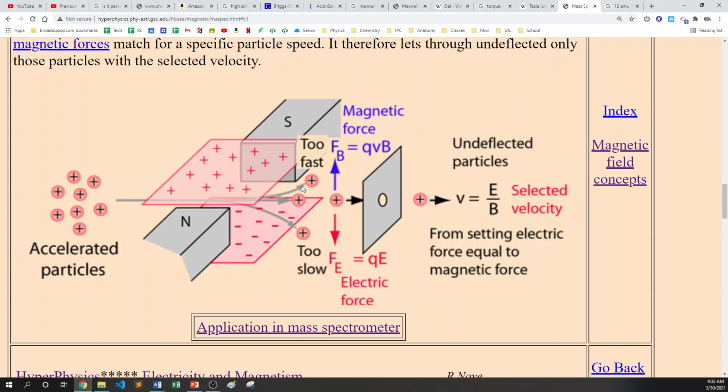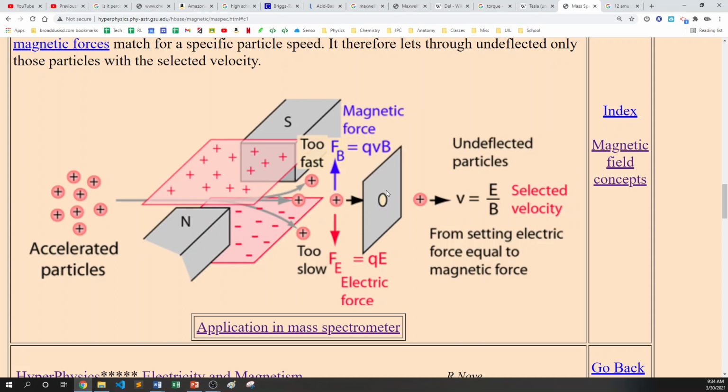And the magnetic force has a velocity in it. So if you look at here, the magnetic force is going to make it go upward. And it's dependent on the velocity. If you counter these forces out equally, then it'll go in a straight line.